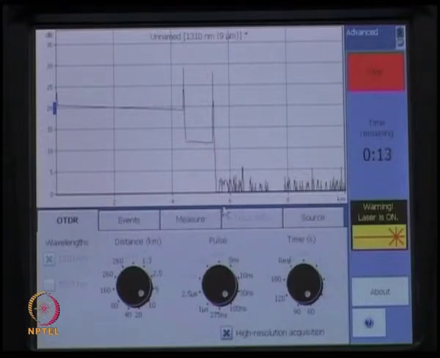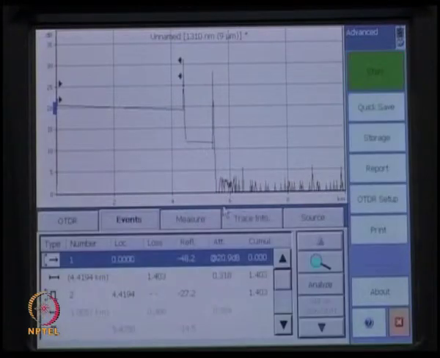Fourteen seconds left. The acquisition is complete now, and we get the final display.